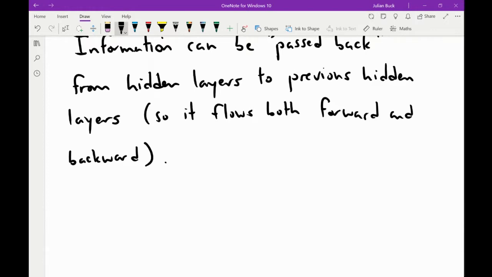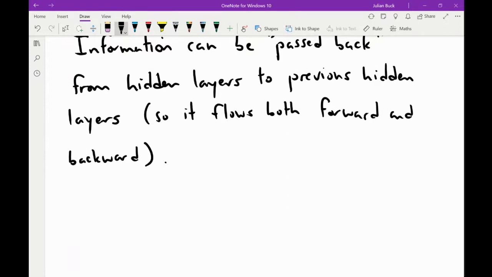Here then is what that would look like, and this is certainly much more typical of how an actual human brain would work, right? Understanding the brain is very complicated, but essentially we do know that information, say image processing taking place in the visual cortexes, is passed back and forth between them.